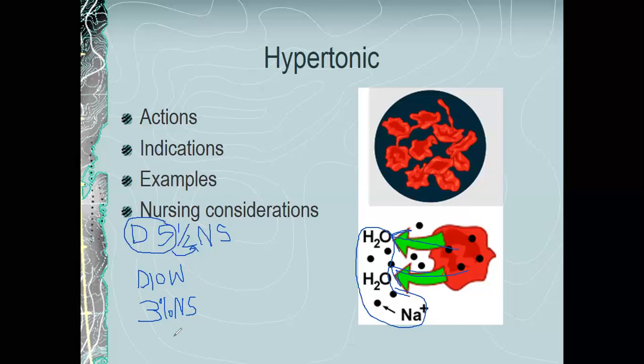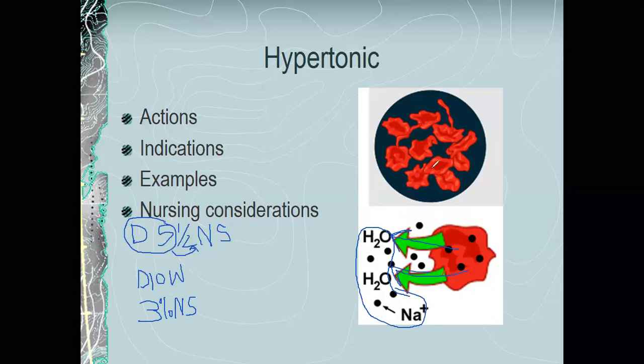So for nursing implications, we want to use caution because it can cause intravascular fluid volume overload. Just like with the hypotonic, you were at risk for fluid volume deficit because fluid was going into the red blood cells.